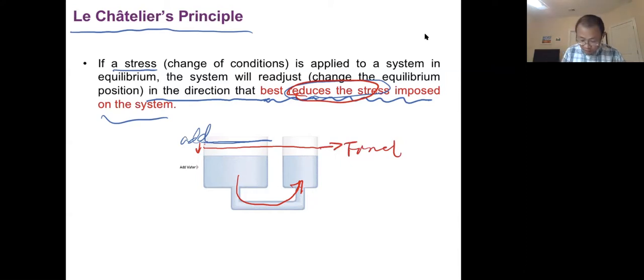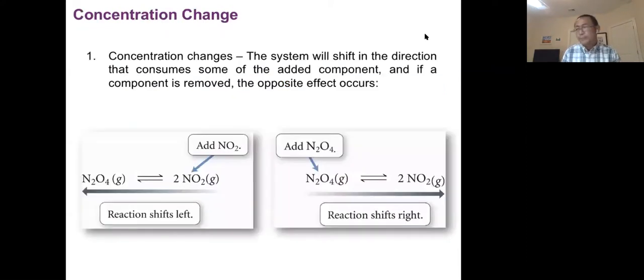So if you understand this, let's take a look at some real examples. Here I have a chemical equilibrium. If I add product on the left, in this case, if I add product, the equilibrium will try to what? Reduce the stress. How to reduce? Move to the left to get rid of some of the product. Some, I said, get rid of some, not all.